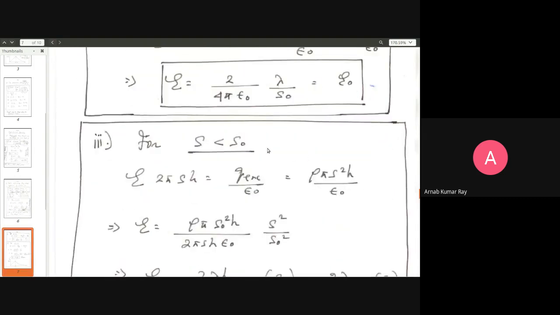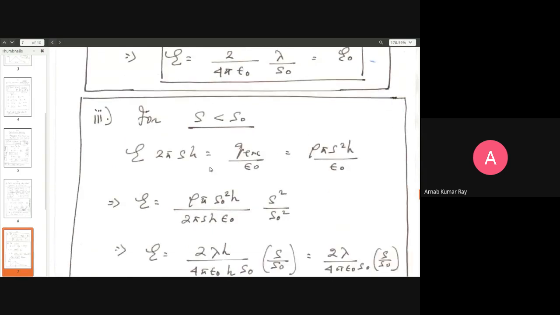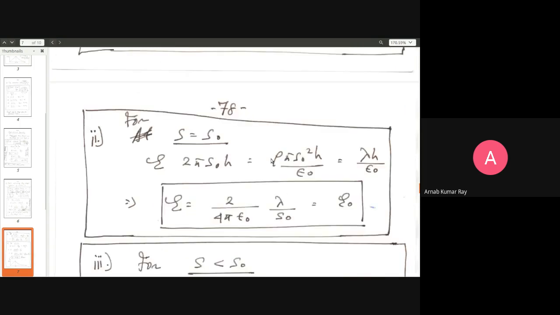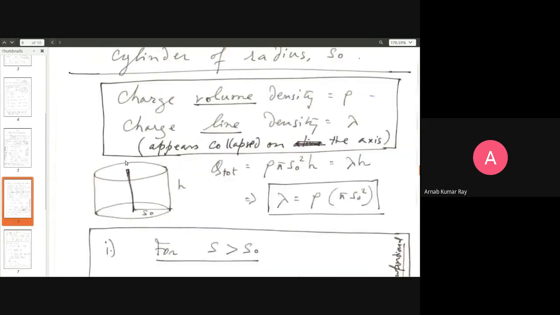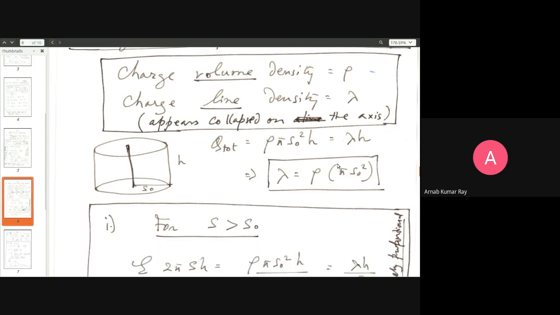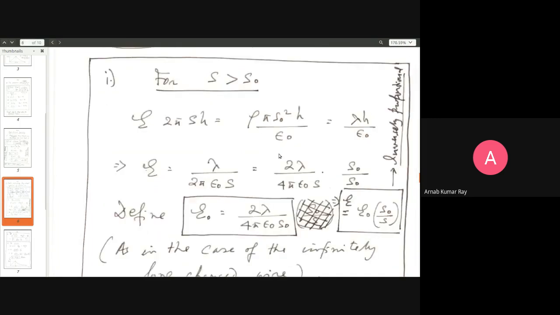And then in the last case, S less than S naught, here you have to be a little careful. E into 2 pi sh, left hand side, is equal to charge enclosed by epsilon naught on the right hand side. But what is the charge enclosed? If you have drawn a Gaussian surface whose radius S is smaller than that of the actual cylinder, then you only need to worry about the charge enclosed within that cylindrical Gaussian surface, which is rho charge density multiplied by pi s squared into h.